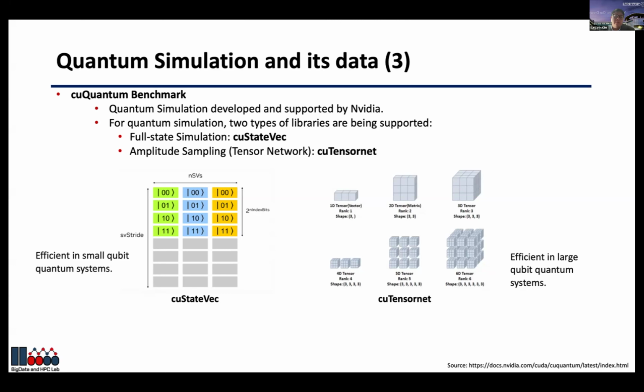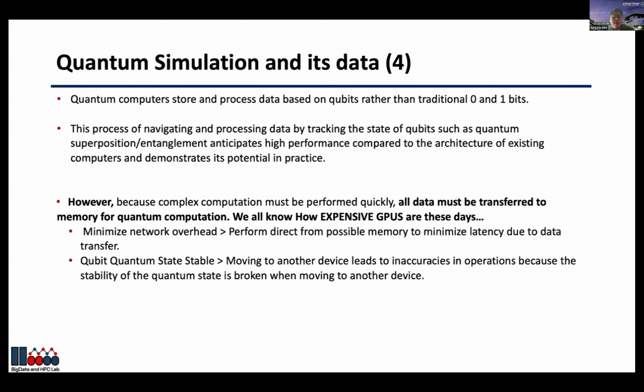One was cuStateVec, which actually simulates the entire qubit space in the HPC system, and another one is cuTensorNet, where it just does the amplitude sampling and then only simulates a few qubits, hence does not induce a lot of data overhead.